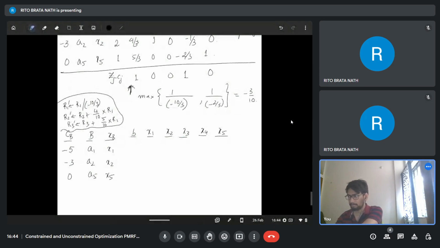And the next one, whatever you had plus 4 by 10 times that row, and the final one is, yeah, whatever you had plus 5 by 10 times that row.